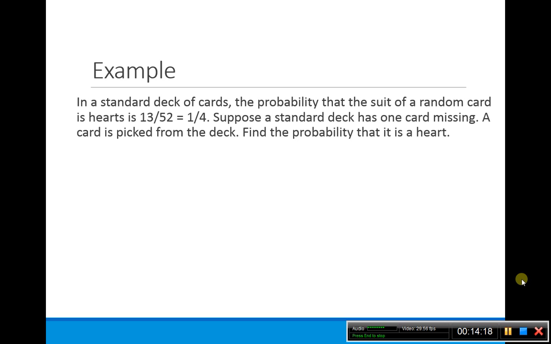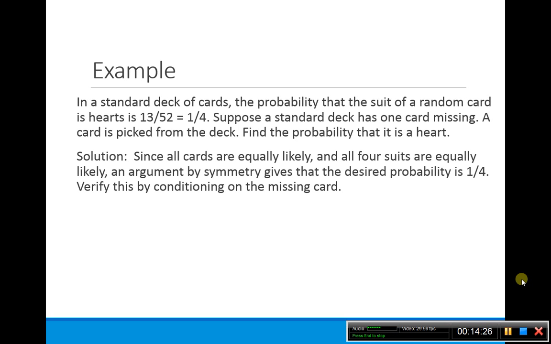Now suppose you have a deck that's missing one card, and a card is picked from the deck. What is the probability that it is a heart? Since all cards are equally likely, and all 4 suits are equally likely, the probability that the missing card is a heart is just 1/4.